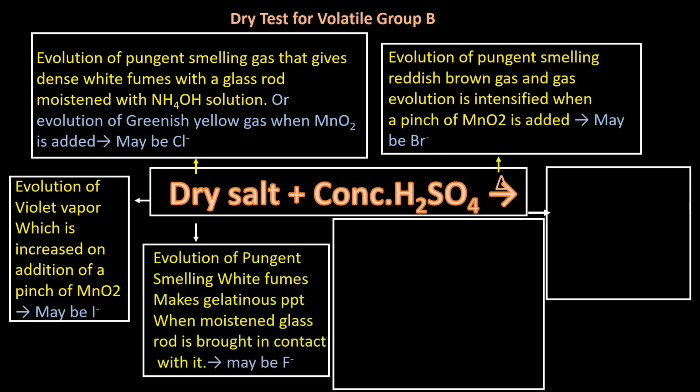Then evolution of pungent smelling white fumes, which make a gelatinous precipitate when a moistened glass rod is brought in contact with it. That means you will get the white fumes. Then you take one glass rod, you dip it in water, that means make it moist, and hold it over those fumes, then you'll get the gelatinous precipitate.